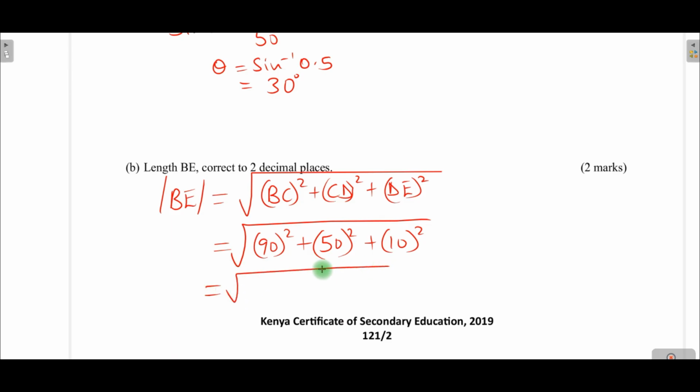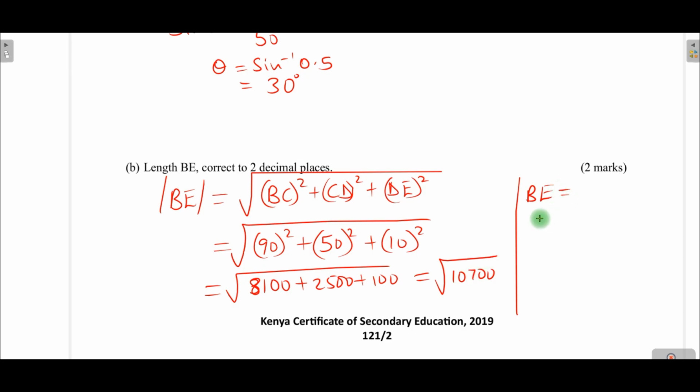So we end up getting 8100 plus 2500 plus 100. We get the square root of 10,700, and therefore if we work it out, BE, the square root of 10,700, at least to 2 decimal places will be 103.44 centimeters.